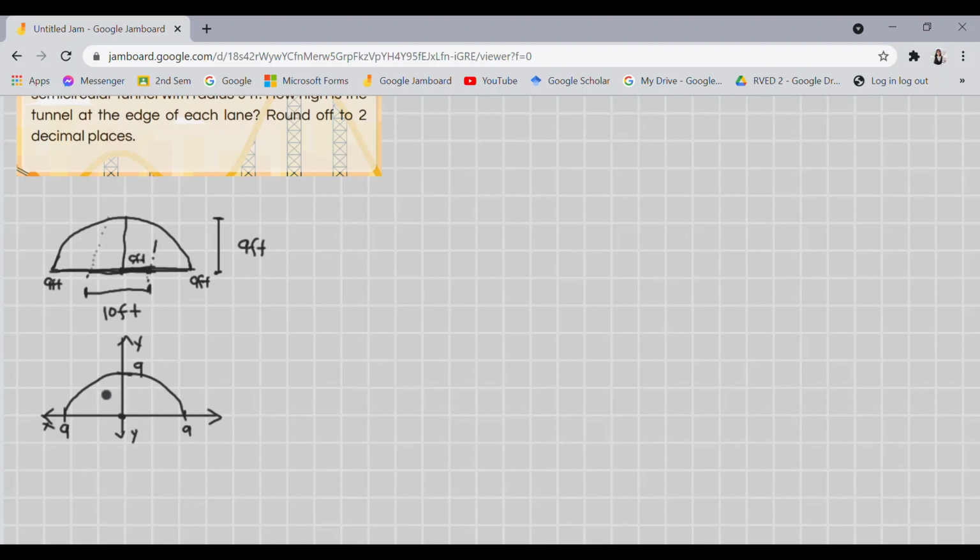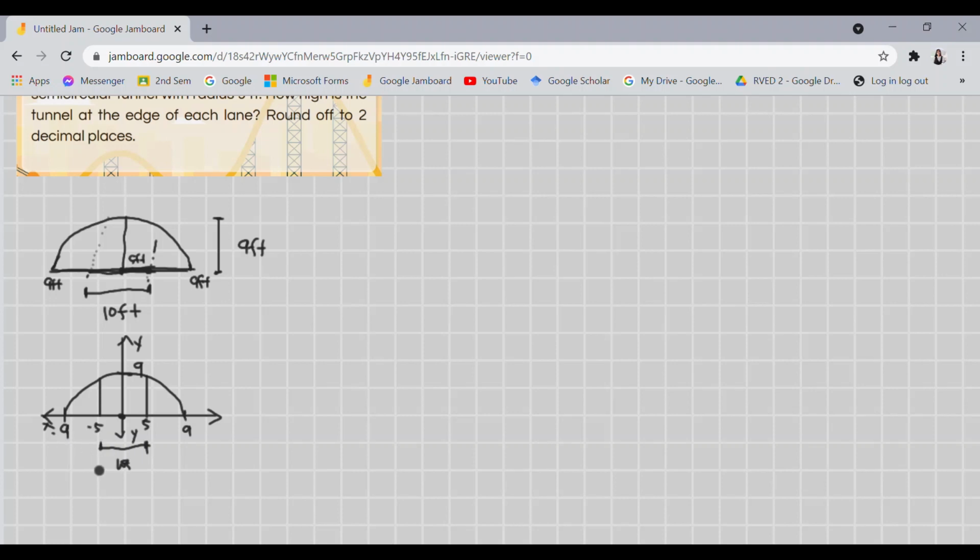And then, here goes your single lane. Okay? So, your single lane will be 10 feet wide. Ibig sabihin, if that is 10 feet wide, the total of this is 10 feet, this will be 0 to 5. The other one is 0 to negative 5. Okay?